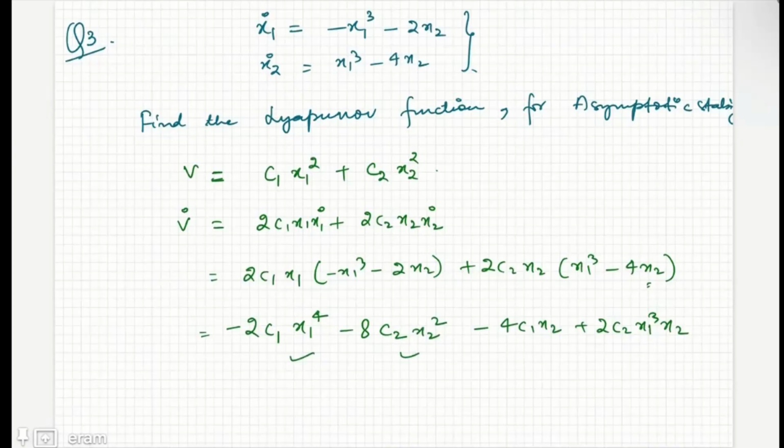These two terms are of sign indefinite nature because we don't know the sign of the state x2, or the sign of state x1 cube into x2. So these are sign indefinite terms.